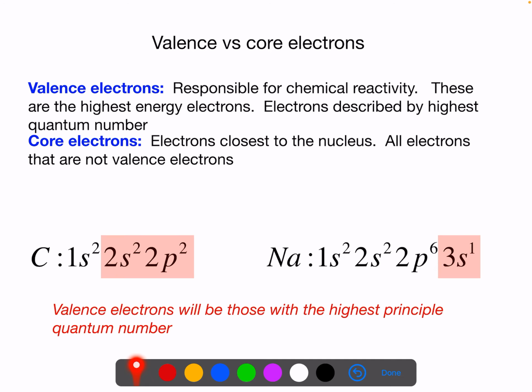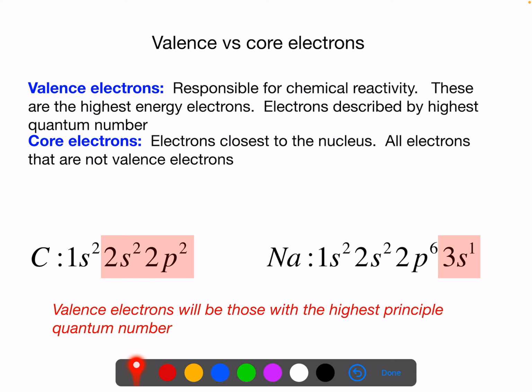So for example, in carbon, the electron configuration is 1s2, 2s2, 2p2. Carbon's valence electrons are shown here in this box. They're all of the electrons in the second shell because 2 is the highest principal quantum number.